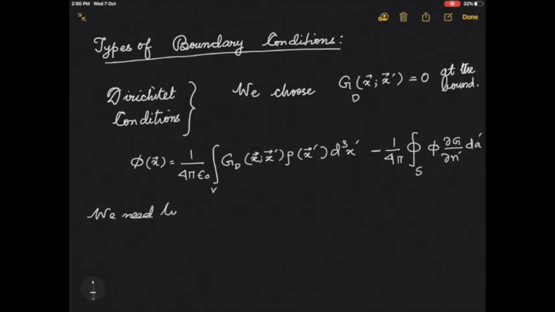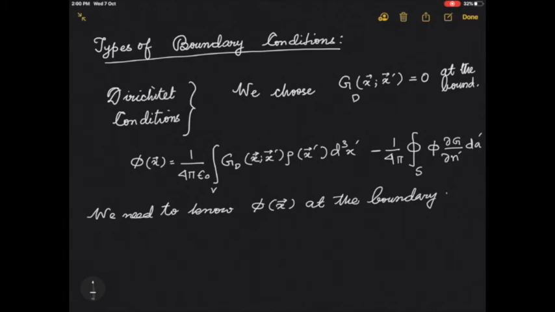So here we need to know phi at the boundary to solve this, right? The boundary condition on the Green's function is chosen to be 0 at the boundary.